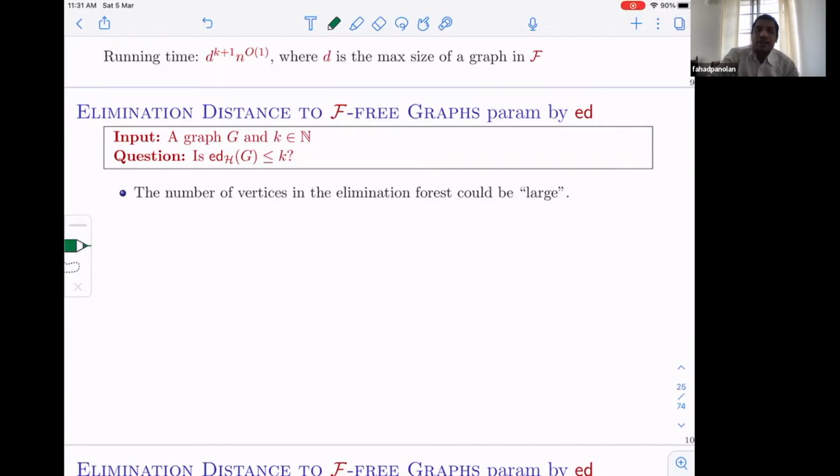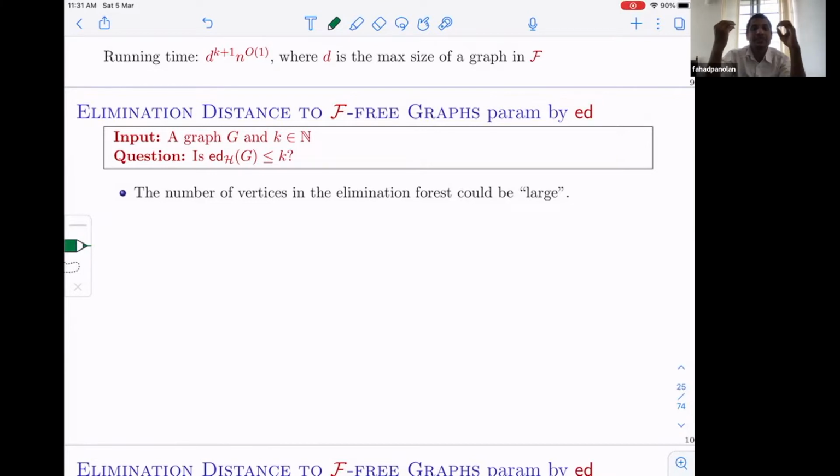Okay. Now here this k, notice that what we want is an elimination forest. The elimination forest may contain lots of vertices, but we want to check whether the height or the depth of the elimination forest is at most k.